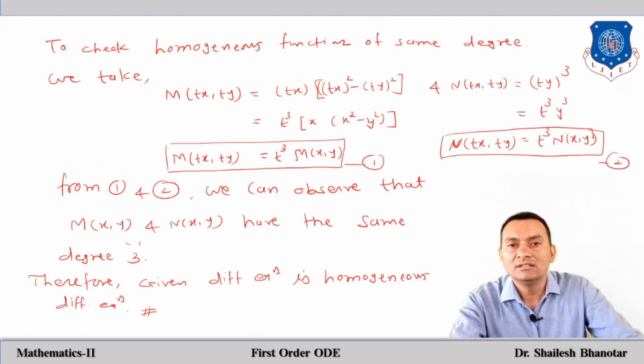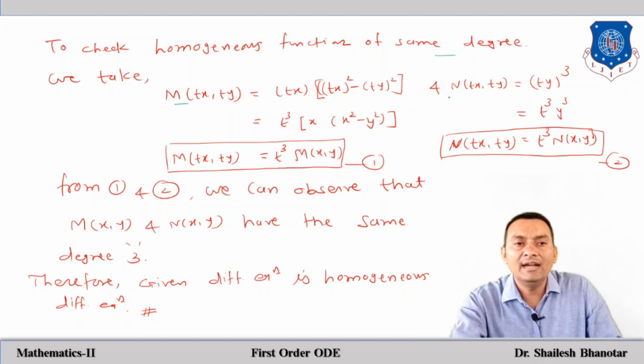Now to check the homogeneous function of the same degree, we take M of tx, ty and then N of tx, ty. That means x is replaced by tx, y is replaced by ty. So we have M of tx, ty equal to tx into t square x square minus t square y square, and after simplifying, one t is there and this will be t square.